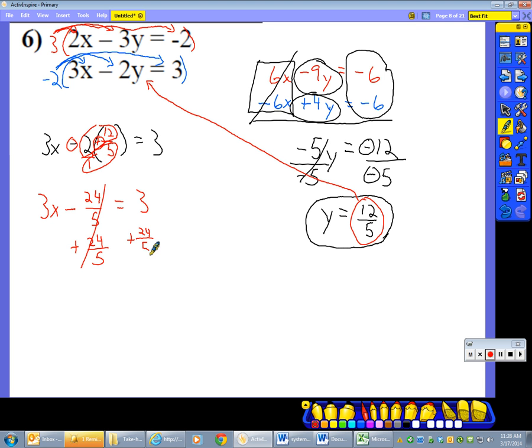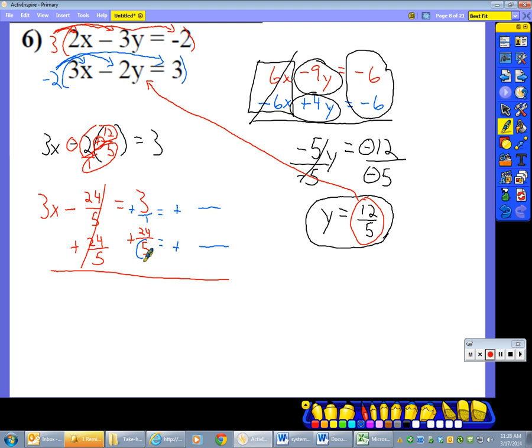We got to set up equivalent fractions, because you got to think back to 6th grade. When you're adding or subtracting fractions, you have to have a common denominator. In this case, I have a positive fraction and another positive fraction that I'm combining.